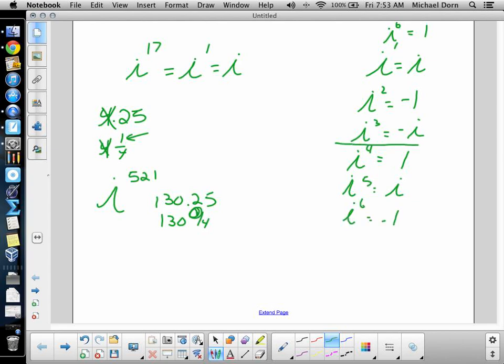Really, we only need the 0 through 4 progression to get our solution for any power of i.